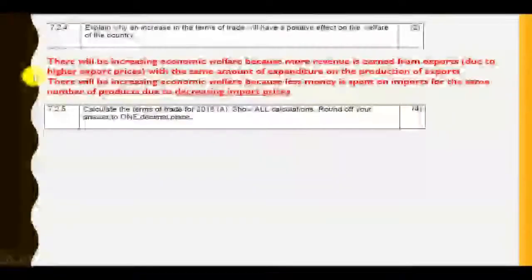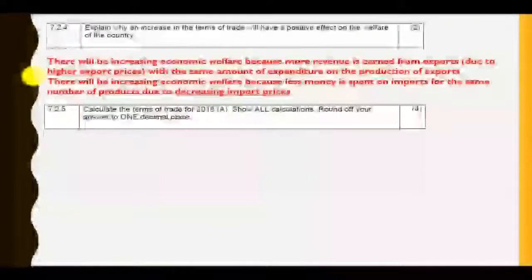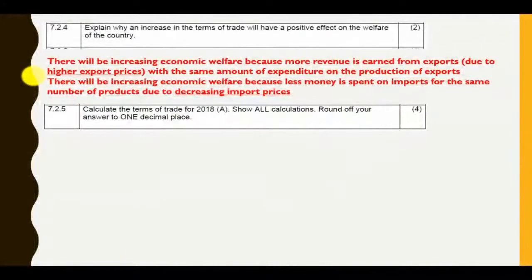Right, I'm going to give you some time to take that down, and then I want you to try the next question on your own before I put up the answer. It's quite simple if you know your formula. The question is calculate the terms of trade for 2018. In other words, letter A, they've left it off. Can you see what the question says, grade 12? This is very important.